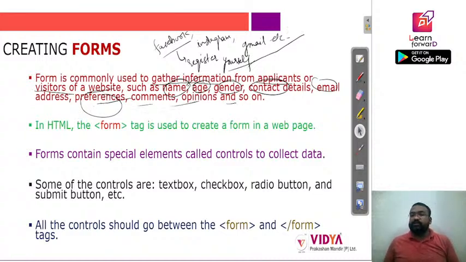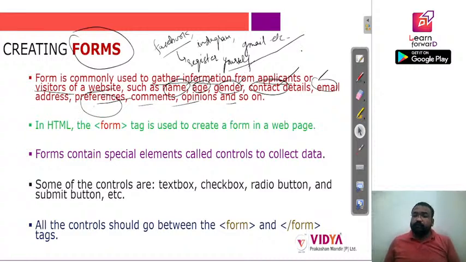Basically, they ask you for your name, your date of birth, your gender, your contact detail, and your email. To gather that information, the tool or the widget that we use is known as forms. With the help of forms, we can gather this information and then we can either save it or we can pass it to the servers or somewhere wherever we want.